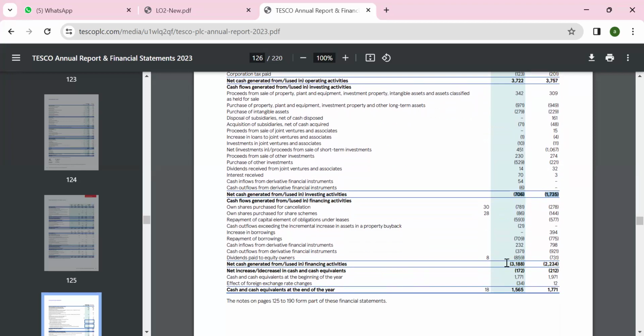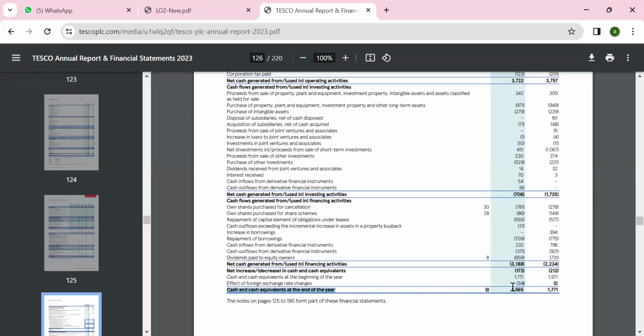Under the financing activities, the cash went out as well, which is an increase, which means you settled your liabilities or commitments. The net cash and cash equivalents are negative, plus your opening balance that was positive. The difference came to 34 negative.